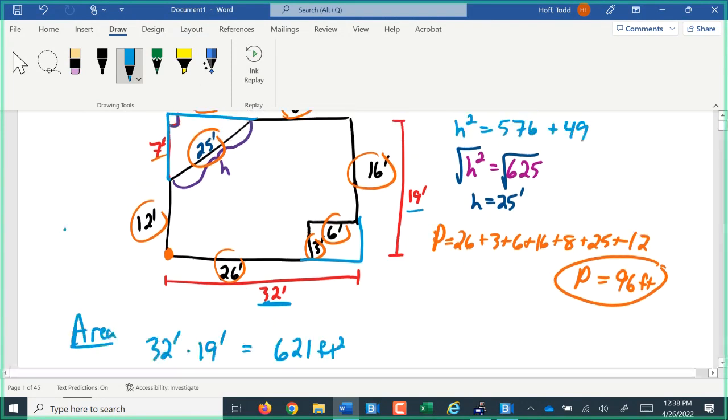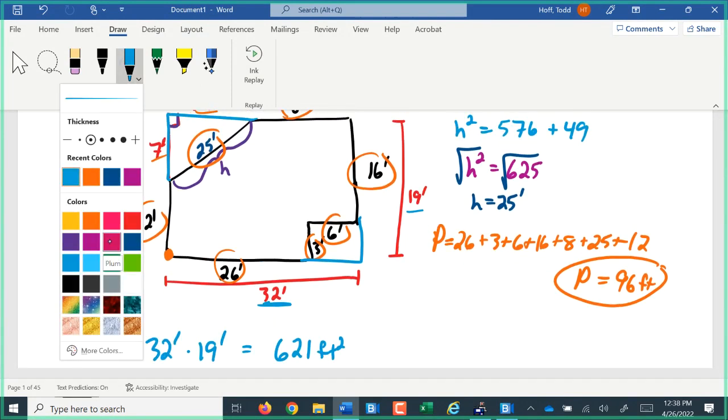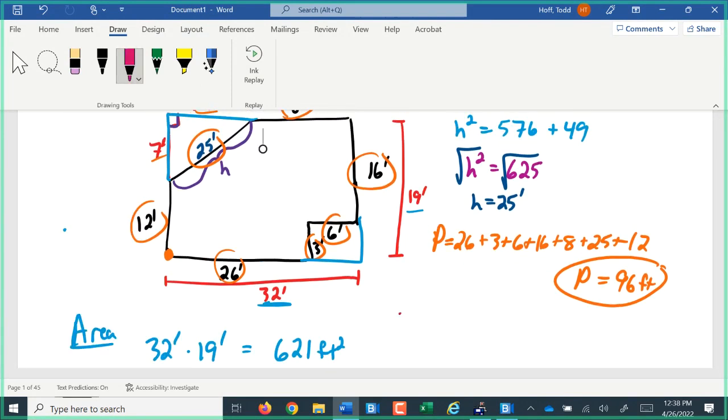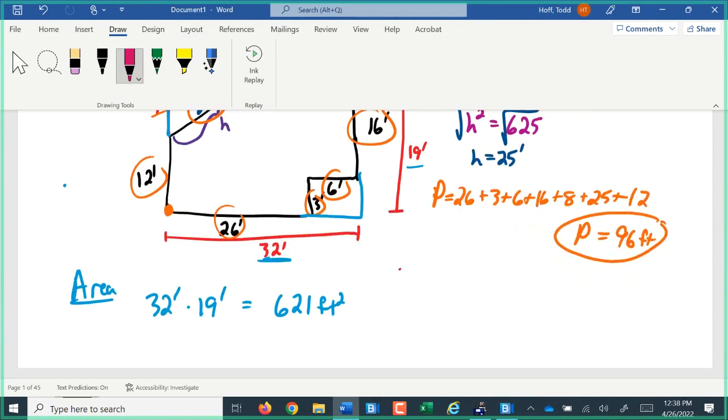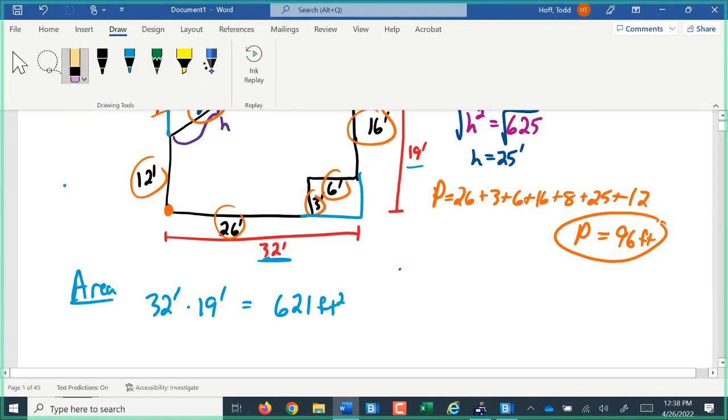Oh, never mind, is it 6? Yeah, it is 6. So 608, now there's pieces missing.